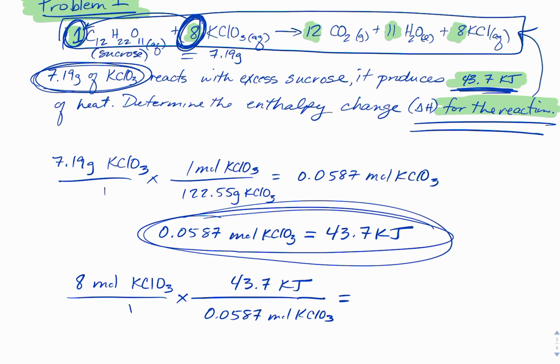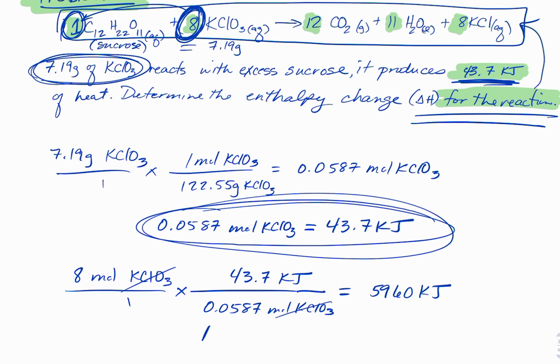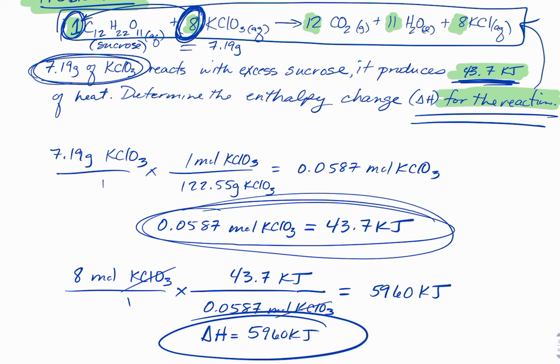If we multiply by 43.7 and divide by our 0.0587 moles, it gives us a value rounded to the third significant digit of 5,960 kilojoules, because the moles cancel out. So the delta H, theoretically, for this reaction is 5,960 kilojoules. That would be your answer.